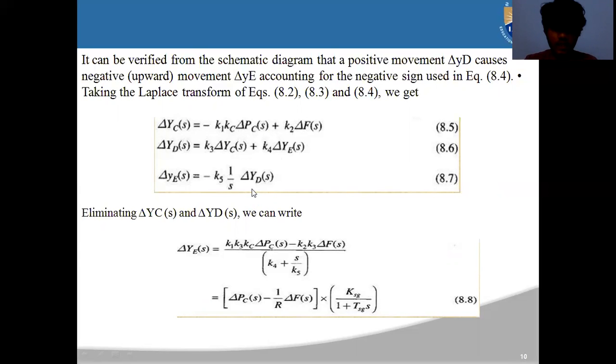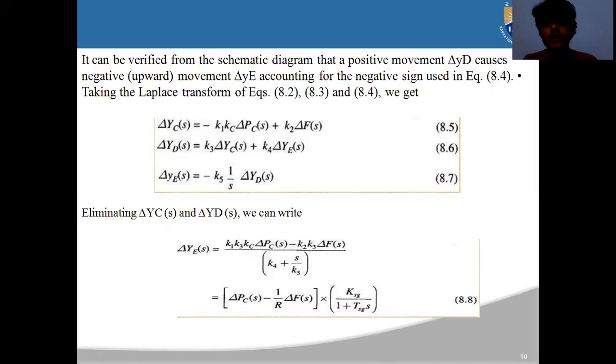So eliminating delta Yc and delta Yd, we can write the overall equation as delta Y equals K1 K2 K3 into delta Pc of s minus K2 K3 into delta F by K4 plus s by K5. So the final equation we get is delta Pc of s minus 1 by R delta F of s, into Ksg by 1 plus Tsg s.